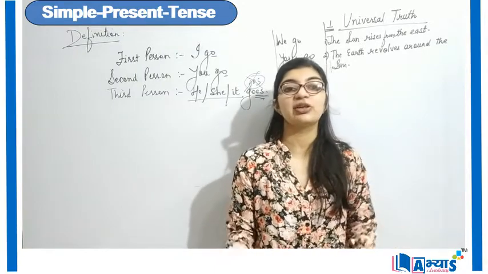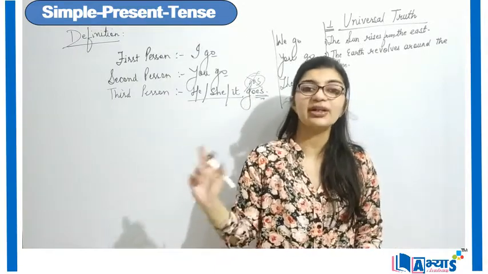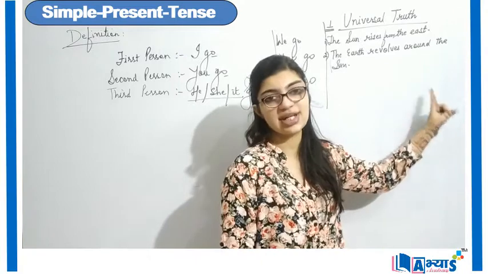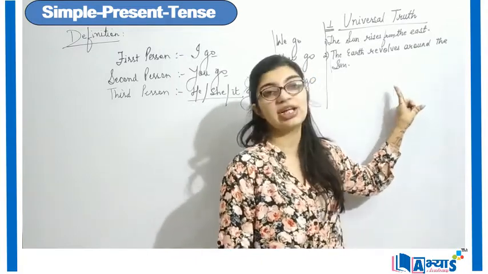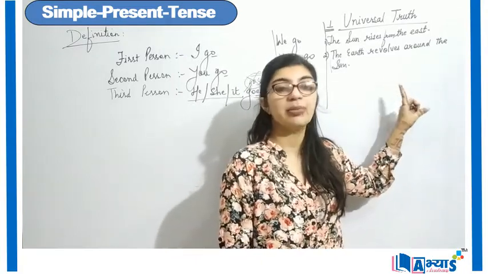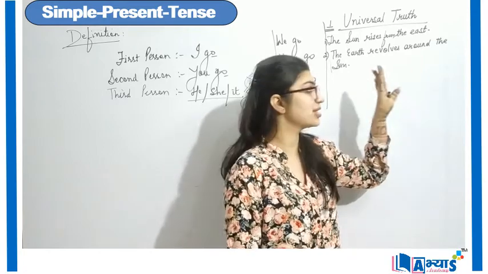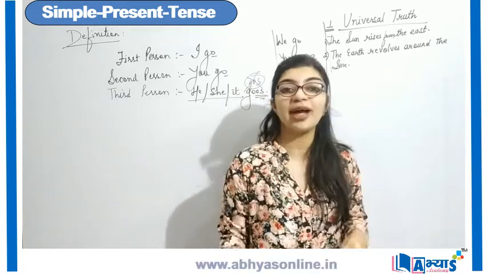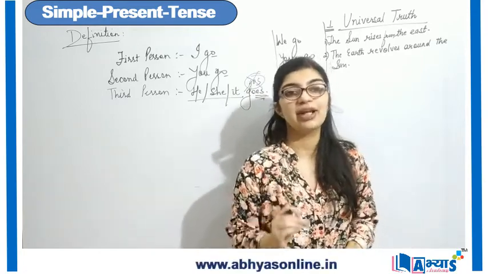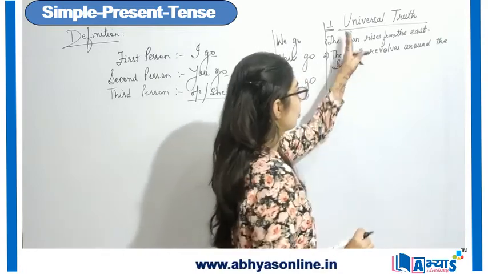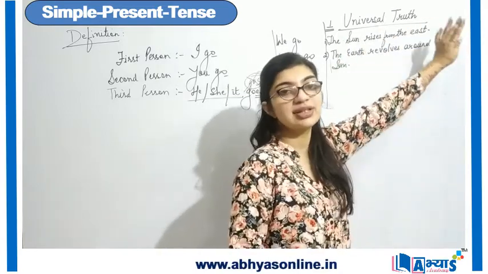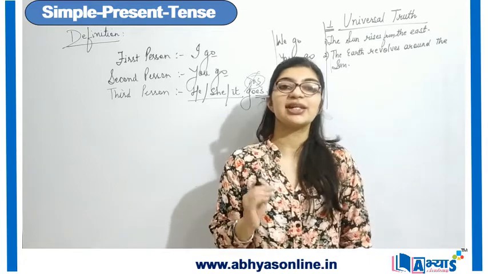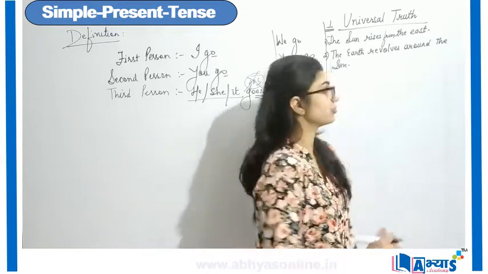This is a universal truth and no one can dare challenge this statement and prove it wrong. Why? Because this is the fact that is created by the universe, right? So all the universal truth sentences will always be in simple present form.